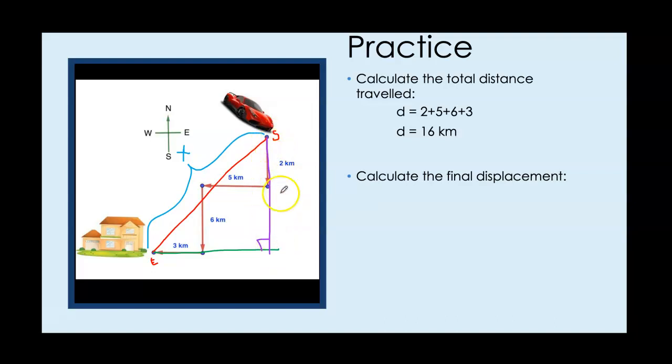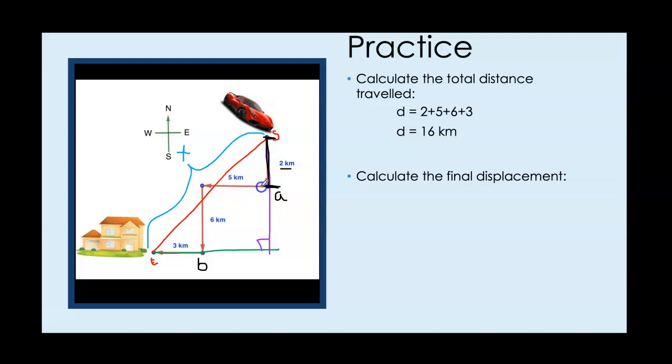What is the length of my A? If I make this my A and I make this my B, I need to figure out what is this total distance. Well, I know from here to here is 2 kilometers because that is what my original drawing said. And I can follow this line here.